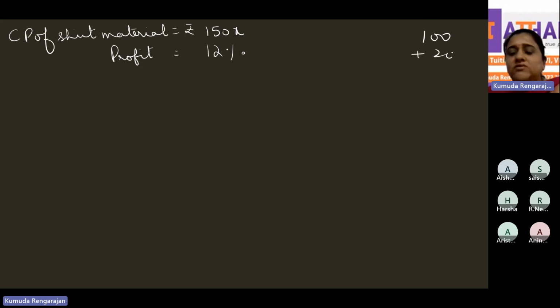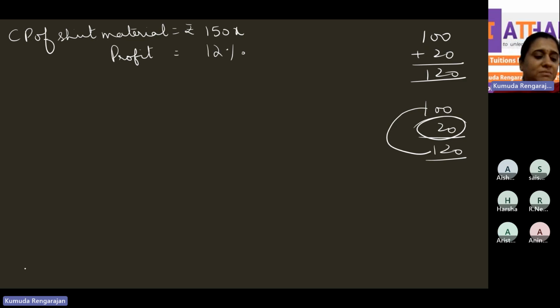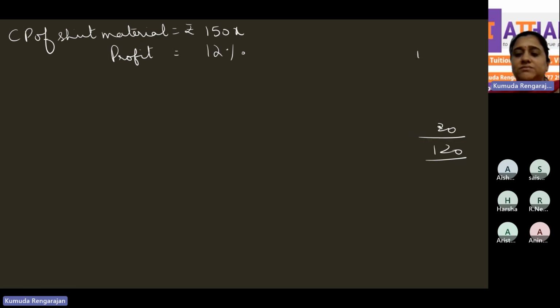So plus 20, that means you'll have to sell it for 120 rupees. You bought for 100 and you're selling it for 120, so the profit is 20 rupees. Okay, so cost price plus the profit is the selling price.